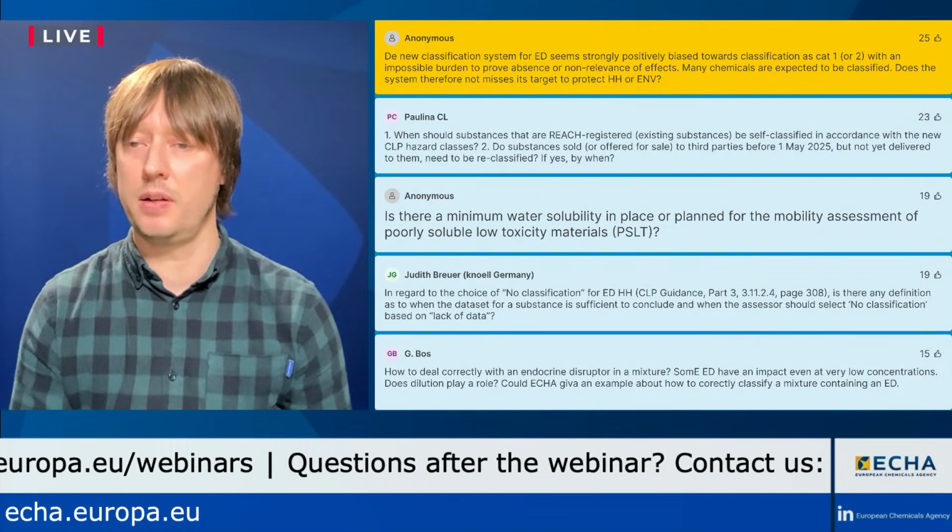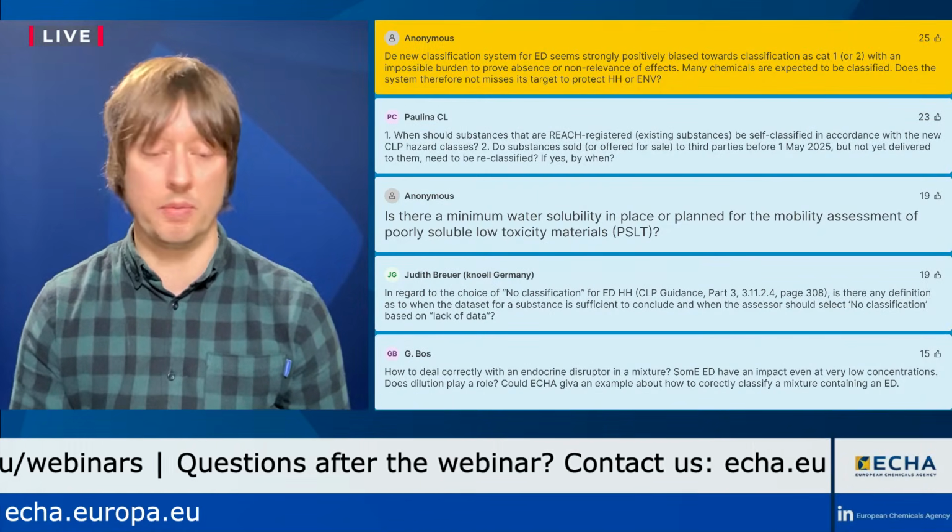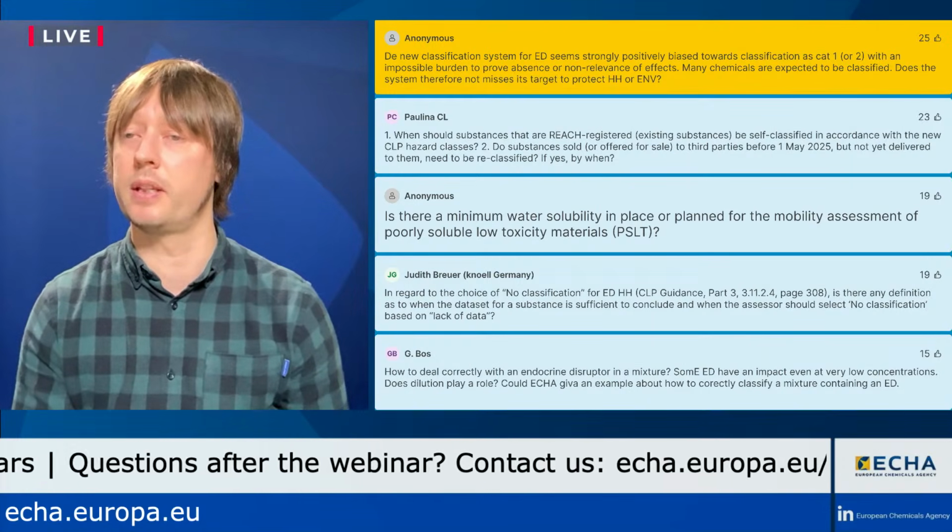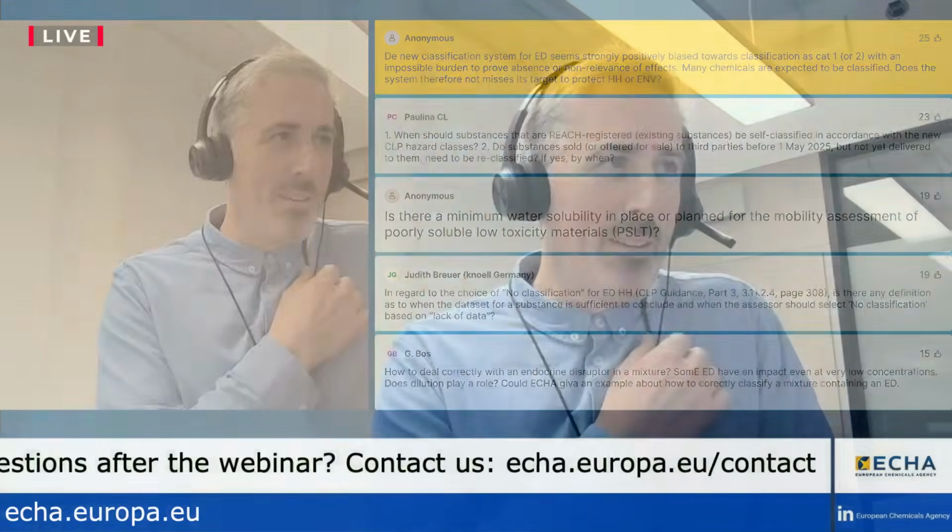I think I'm going to ask Paul to comment on this one, if I may. No problem, Simon, thanks. Well, you heard Nicholas explaining earlier it was difficult for the guidance to deliver clear examples of what category 2 might look like, but it does give guidance on what category 2 is, and it's quite similar to the other hazard classes, I would say, where you don't have the same level of confidence as in category 1, you can go down to category 2.